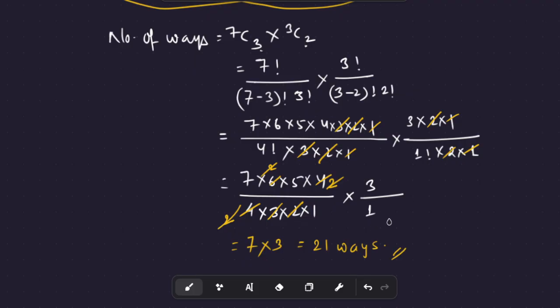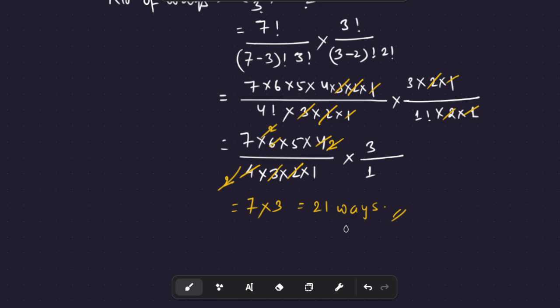21 ways is the total number of ways that 5 guests can be selected out of 10. In this way we can solve. Any difficulty on this?